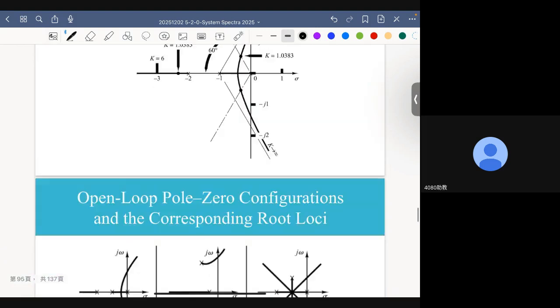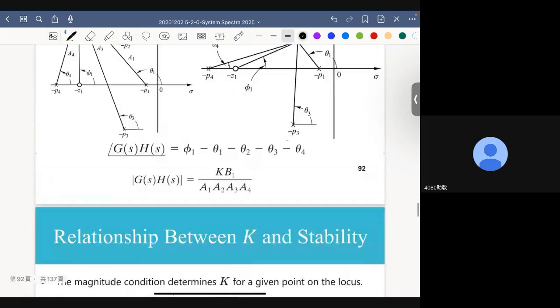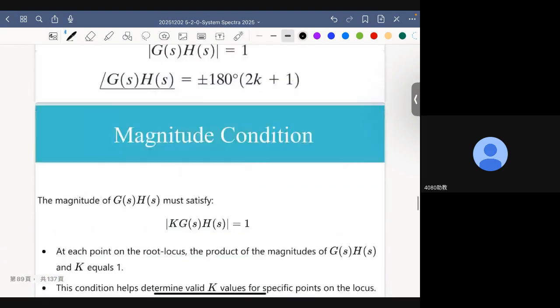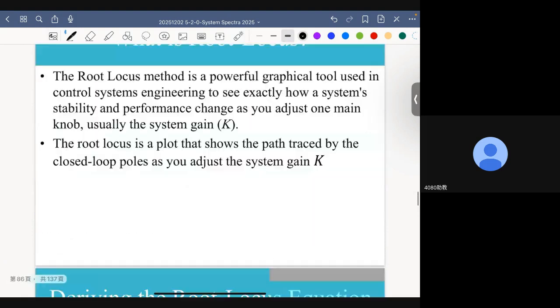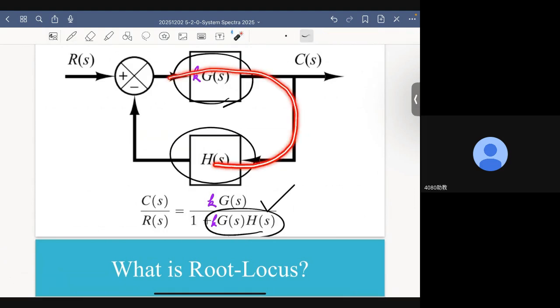For example, in discussing the root locus, our loop transfer function is, of course, this. This is the loop transfer function, which is the product of this and this, the product of all the transfer functions of the subsystems that appear in this loop.